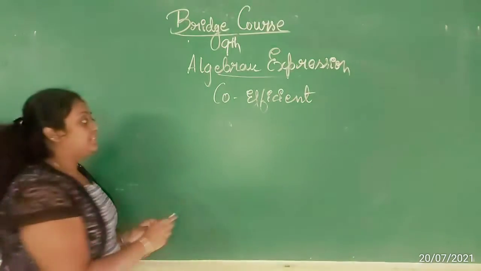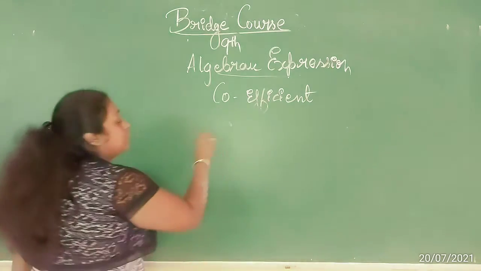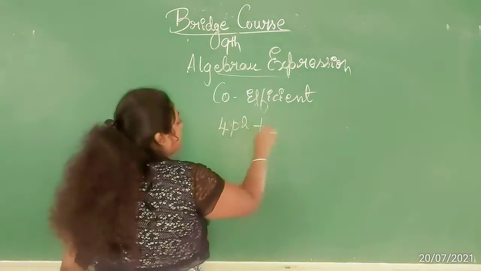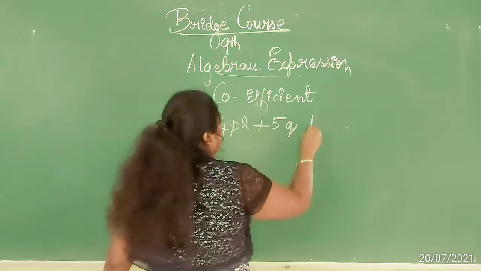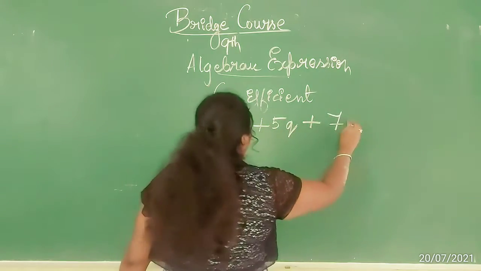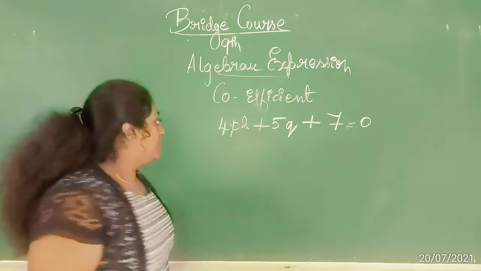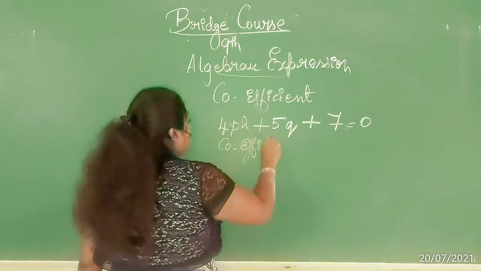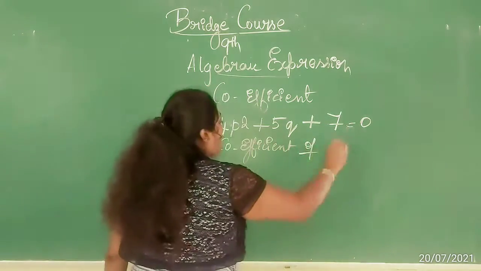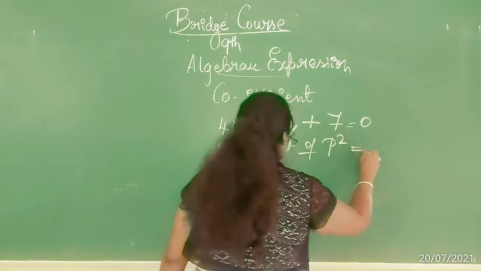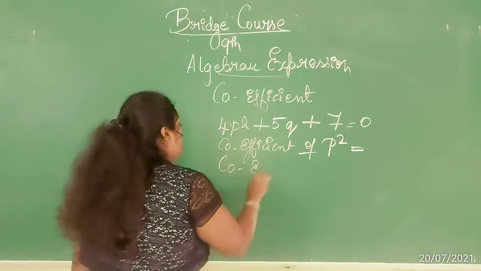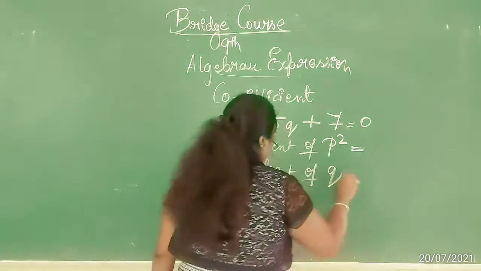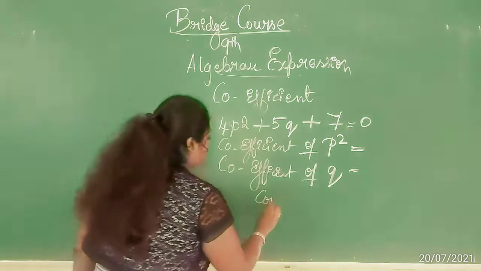So now look at here again. Coefficient. Next one I am going to write, okay? Now look at here. I will write coefficient of p square, coefficient of q, then constant.